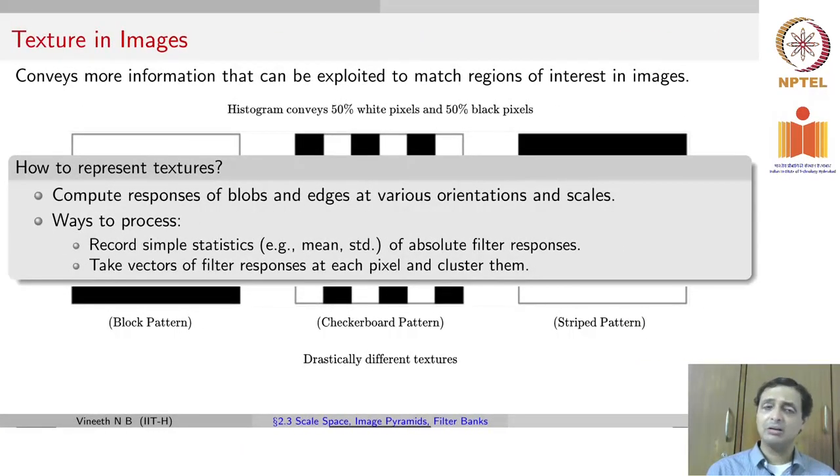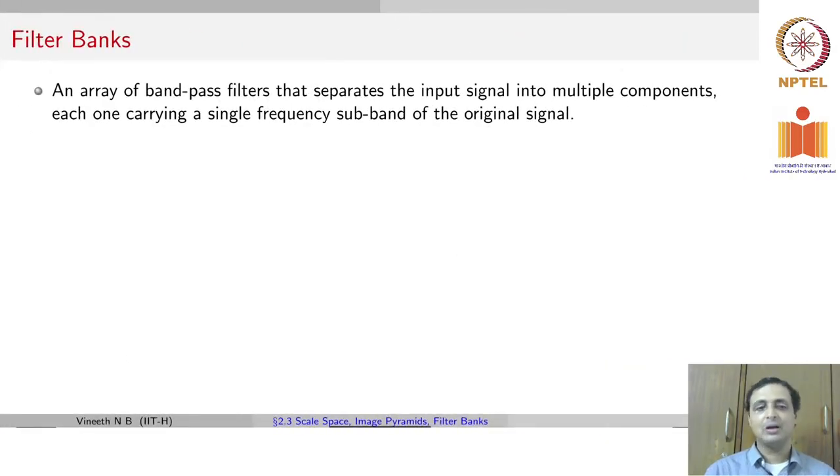And then we could take the vectors of filter responses at each pixel and cluster them to be able to represent your textures. There are multiple ways of doing this, but that could be the general process of capturing the textures in images. We'll see a couple of examples of how texture can be captured in an image.